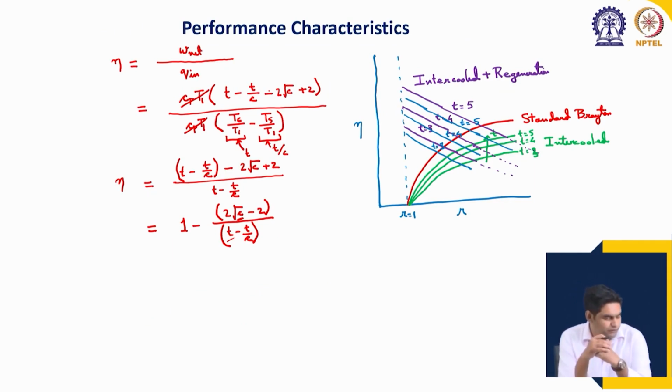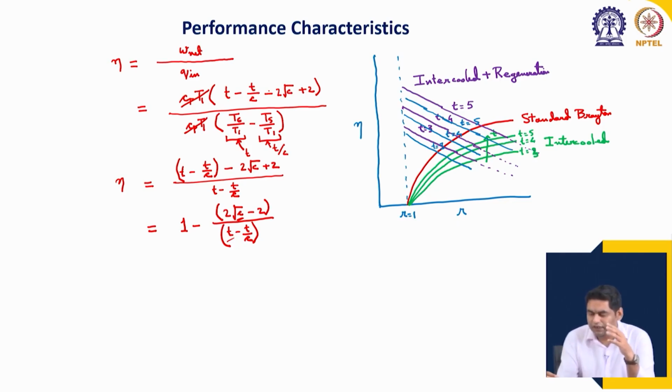So, to summarize, efficiency can be significantly improved by combining regeneration and intercooling. This is a very effective combination, and later we will see that this is better than even reheat plus regeneration. So, you get very near to the highest efficiencies which are possible among all these different cycles.